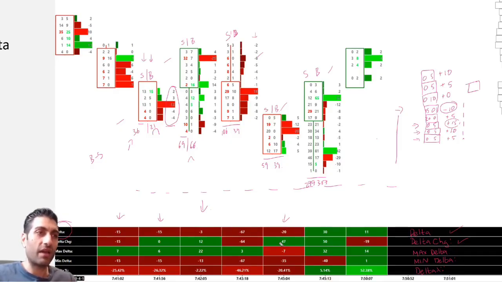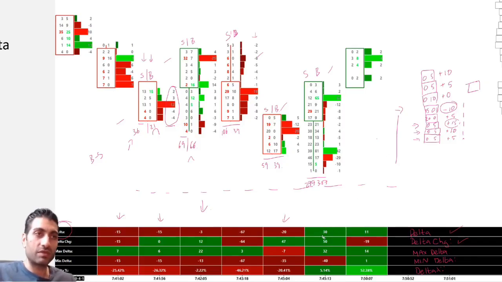But for something like max and min delta, just watch it. As it's forming, you'll see throughout the formation of the bar the highest or the lowest delta it was ever able to achieve. Because as this bar is changing, this delta number is changing at all times. It only settles when the bar closes, right?